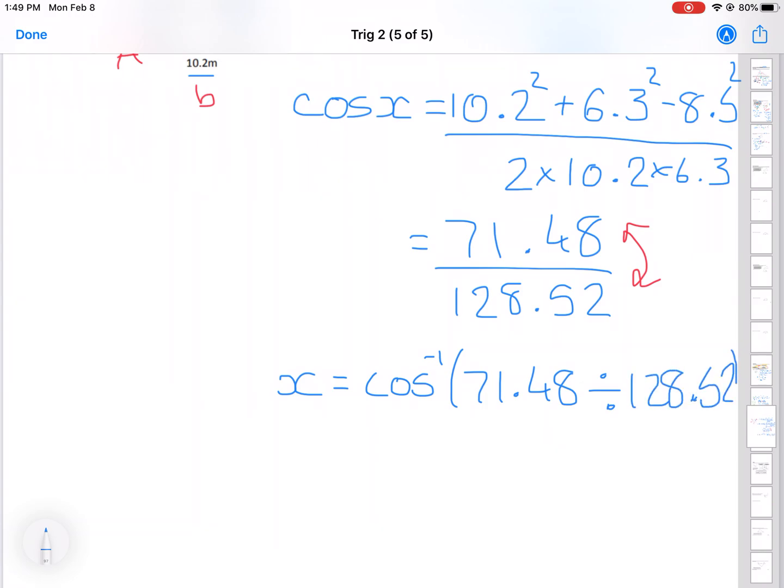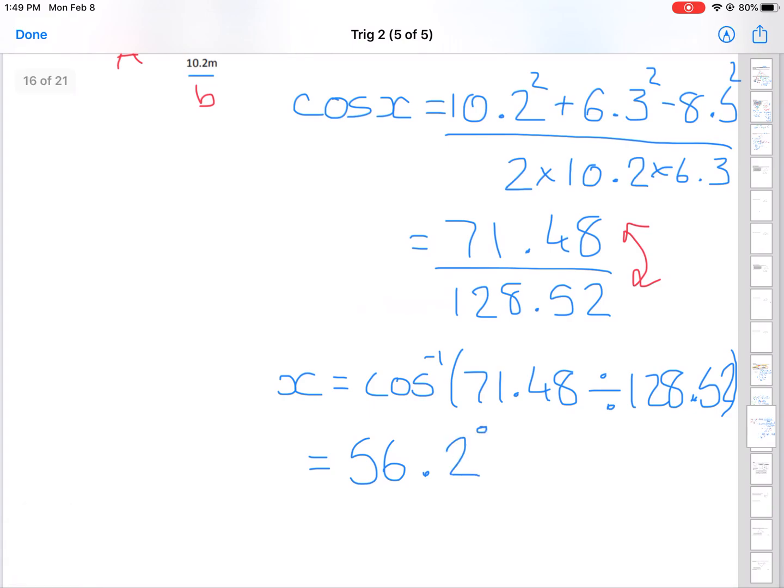So if you're struggling to keep the whole decimal in your calculator, then you can put the calculation in instead. So shift cos, or second function cos, 71.48 divided by 128.52 will give us an angle of 56.2 degrees to 1 decimal place.